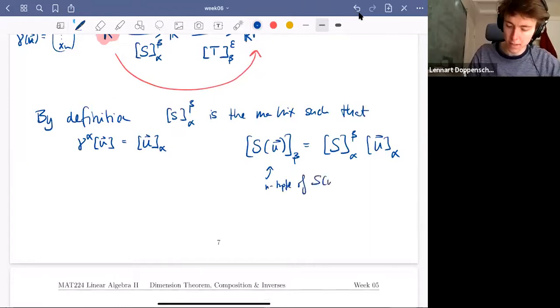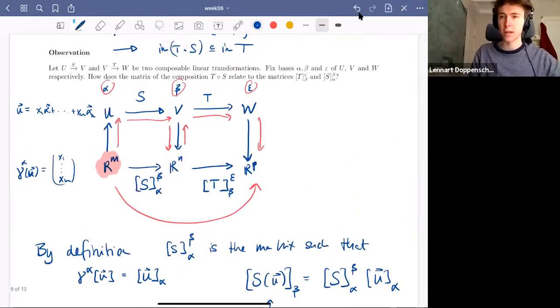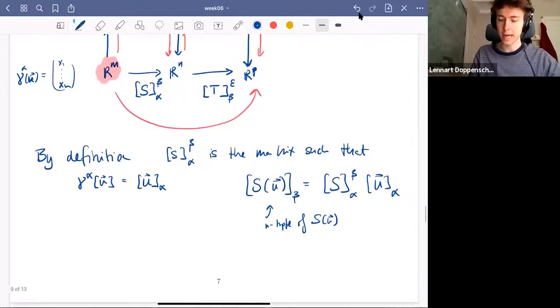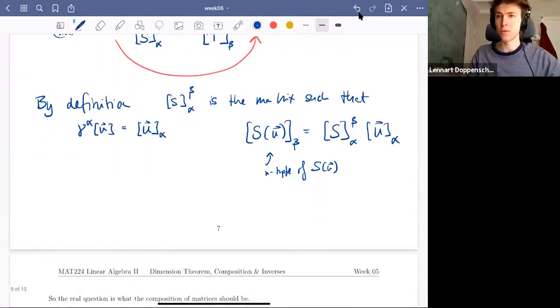So now this will be the n tuple of S of u. Now, if we apply T to this, then there's another matrix that takes this as an input and sends it to the result of T of S of u.